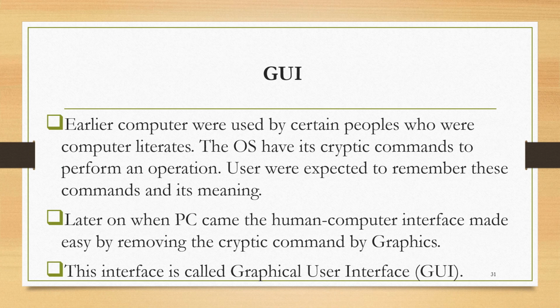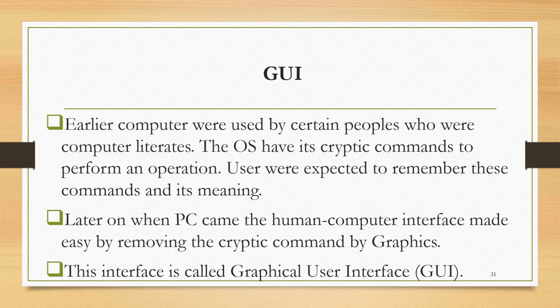So the next point to discuss is GUI. GUI means graphical user interface. What happened when computers originally came? At that time, computers were not available to everybody.